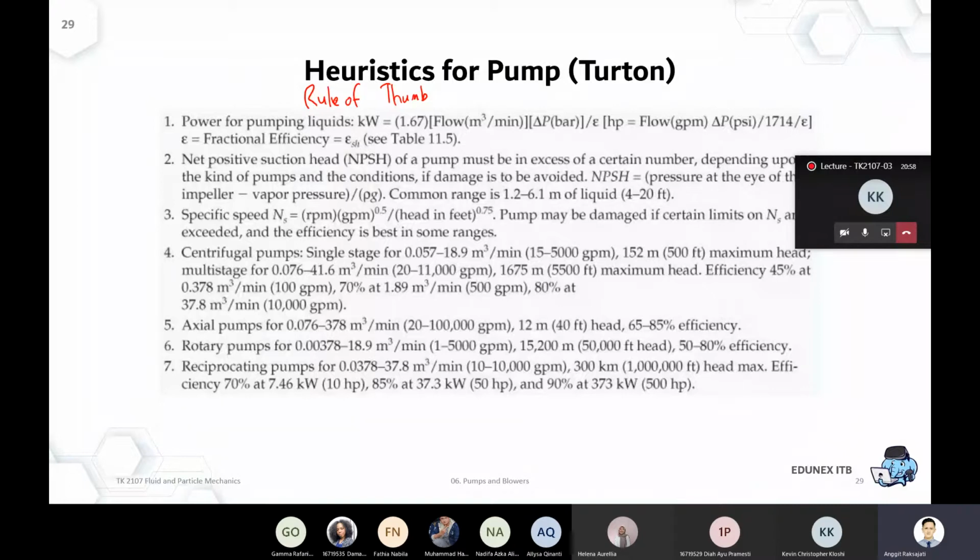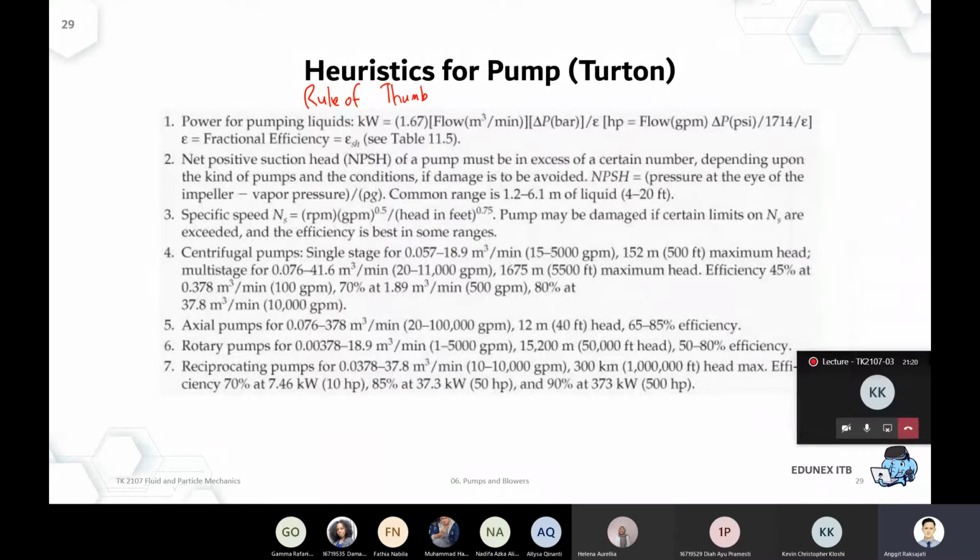So engineers often use terms like heuristic, rule of thumb, best practice. That means it's just a habit based on probably more than 100 years of operation of pumps. How can we operate the pump efficiently, safely, and as expected? So this is just like a best practice.